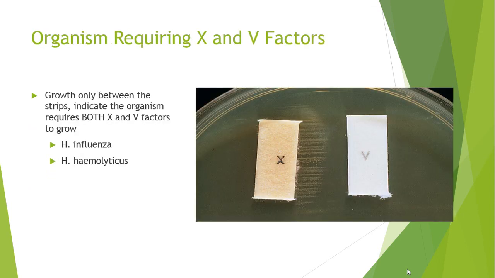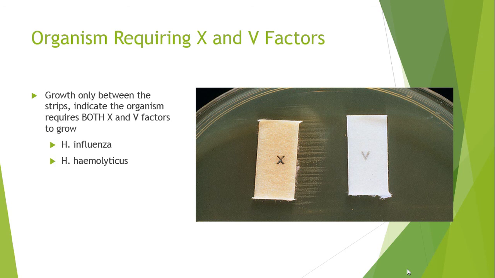So you want to see where the organism is able to grow. These strips are impregnated with the factors. So here on this example, we've got growth only between the strips, right? So which factor does it need? It's kind of leaning towards the X, but it's between the two.